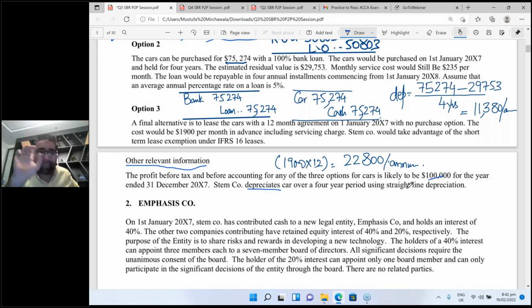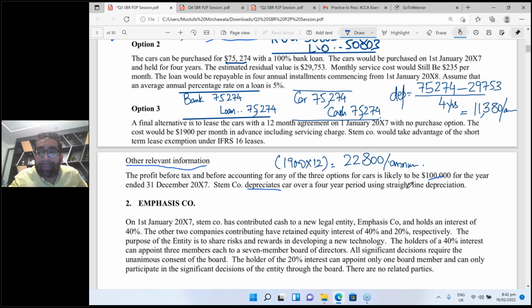Profit before tax means no tax is deducted, and before accounting for any of the three options. That means in these three options, there is some interest expense, some depreciation expense, and some operating expenses, like service charge.